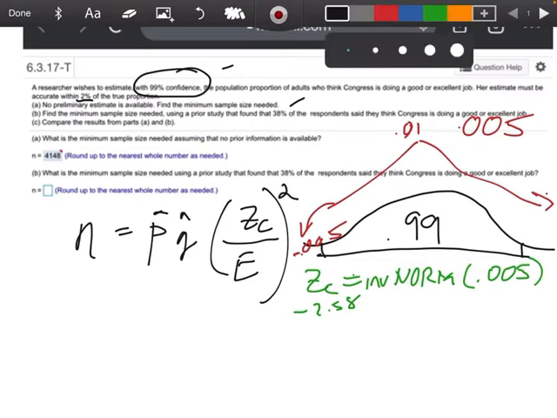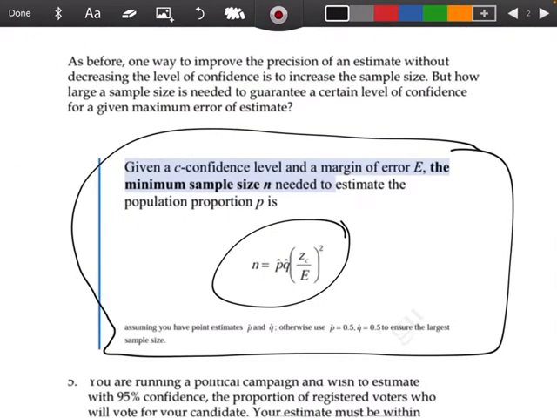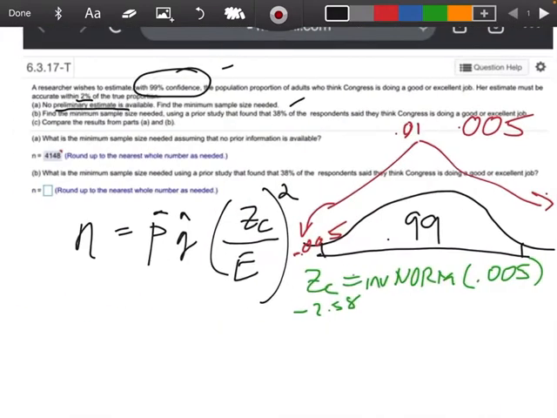So to do part A, it says no preliminary estimate is available. If I come back to my formula, I want you to look here. It says assuming you have point estimates p hat and q hat, otherwise use p hat and q hat to be 0.5 each. So when we don't have preliminary estimates, those are the values we're going to use.